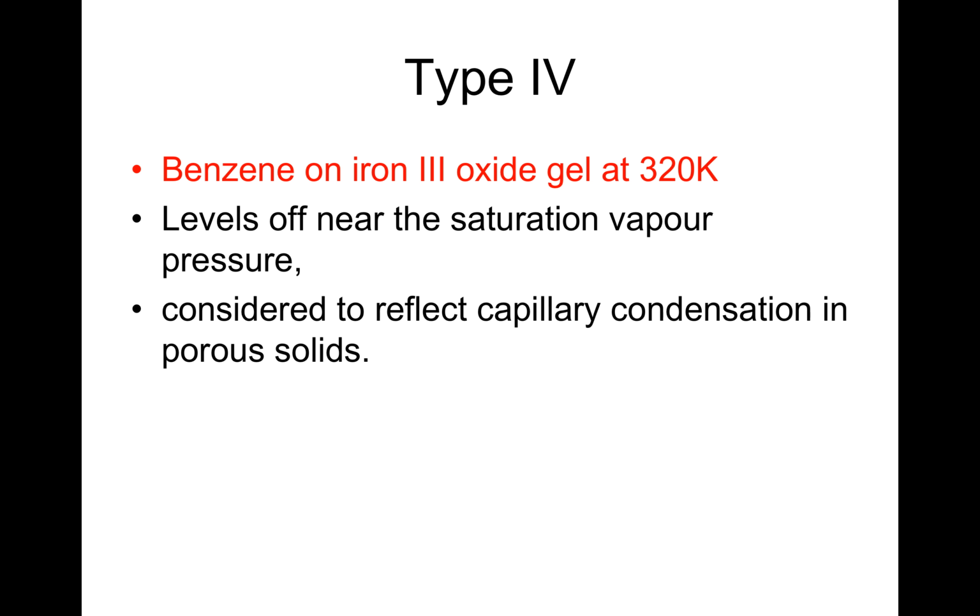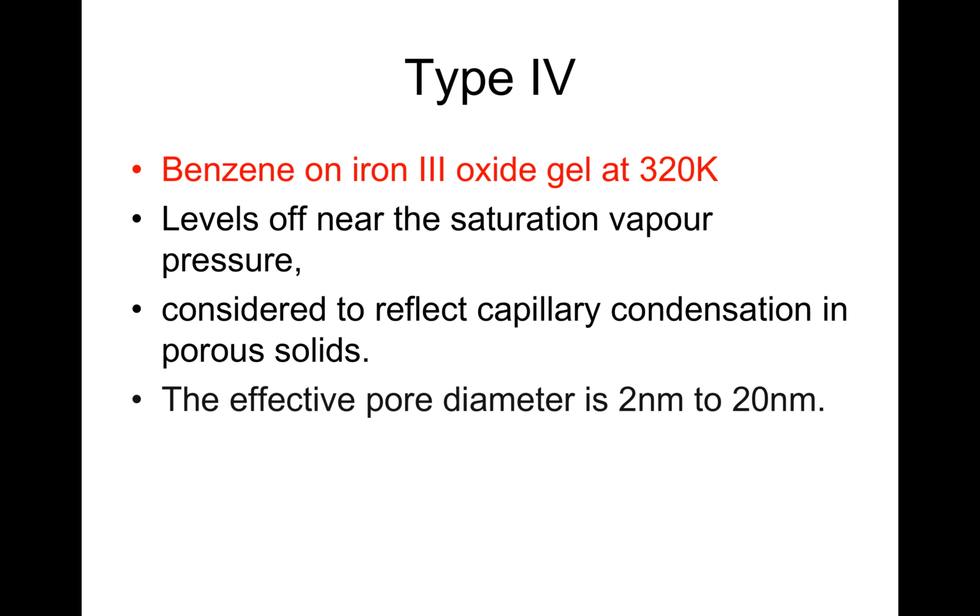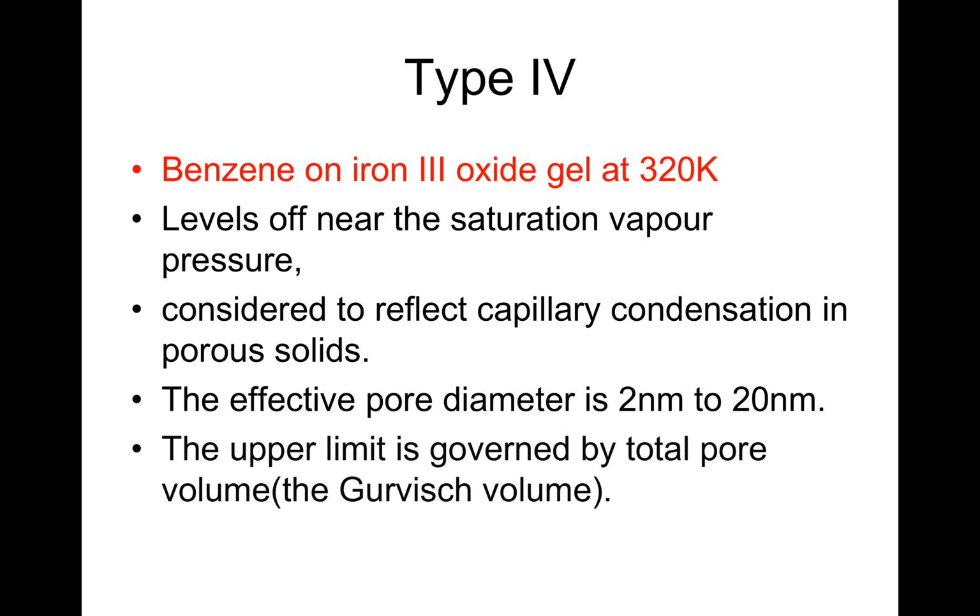It's considered to reflect capillary condensation in porous solids, that is, solids with large pores. The effective pore diameter is 2 nanometers to 20 nanometers. The upper limit is governed by the total pore volume and is named after Gurvich as the Gurvich volume.